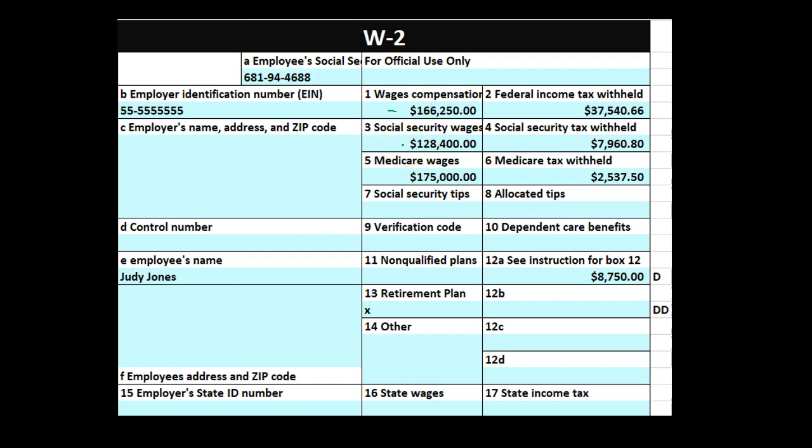So if we start to see higher wage individuals, this one's just going to stop at whatever the cap is. In this case, it's $128,400. So notice of these three numbers, they're all differing. The Medicare is probably the closest to what the actual earnings are because the Medicare does not have a cap and is not being reduced by something like the 401k or retirement plan.